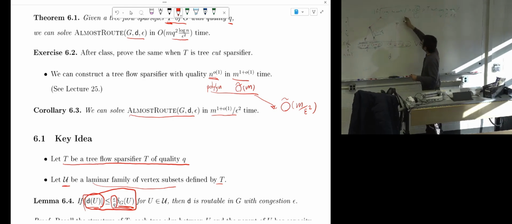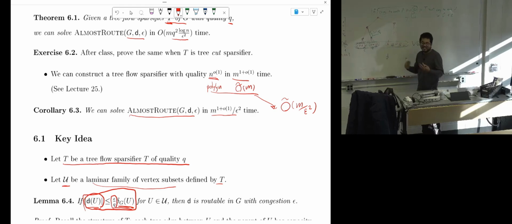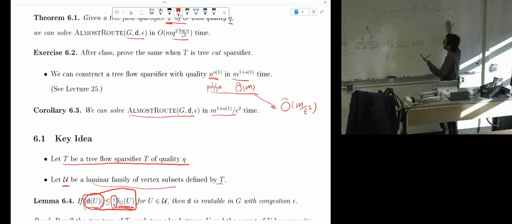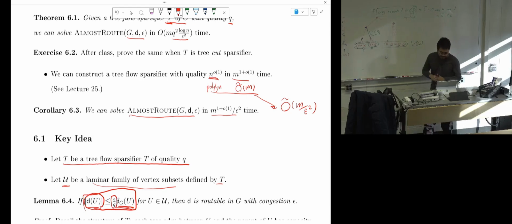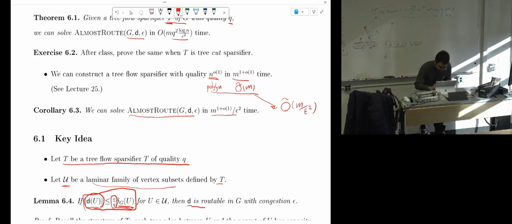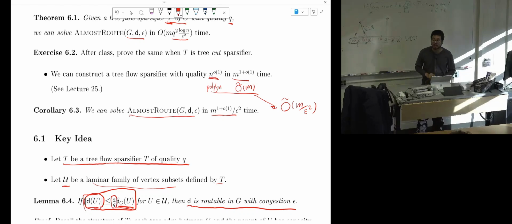Because this T is the tree-flow sparsifier with quality Q, so you blow up the congestion by Q. Okay. So then we get that D is routable in G with congestion at most epsilon.